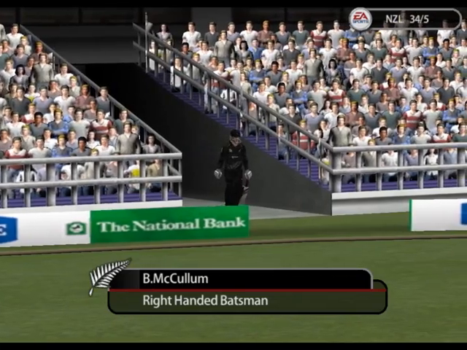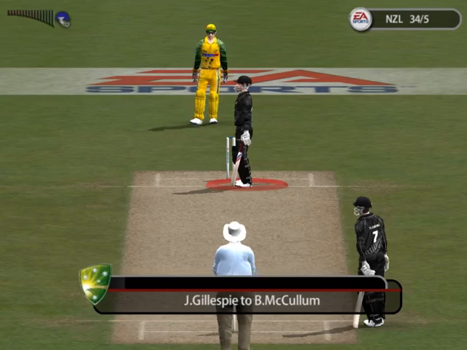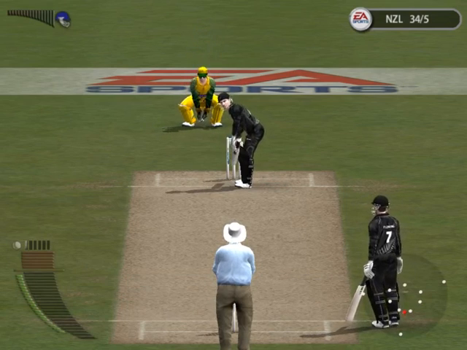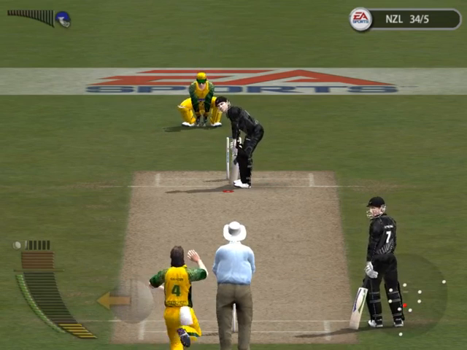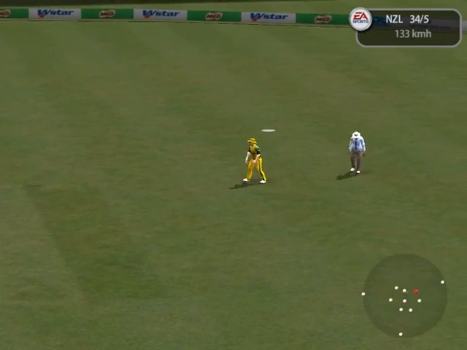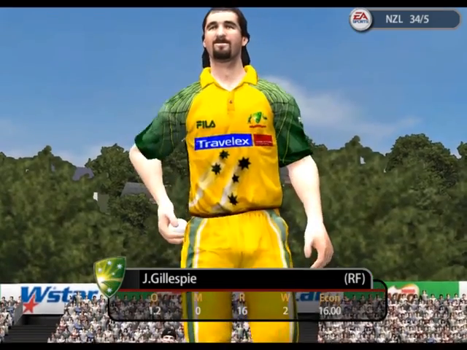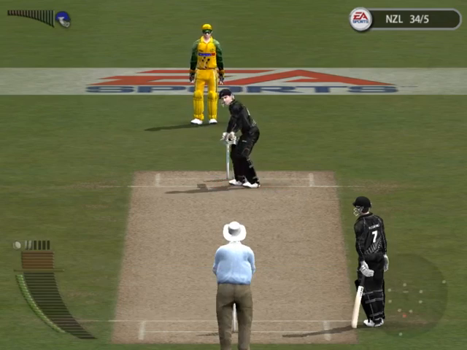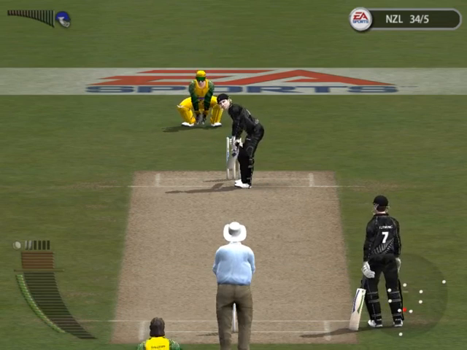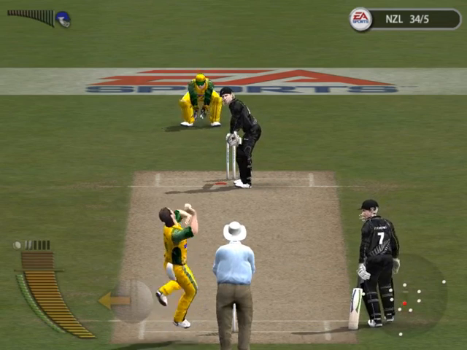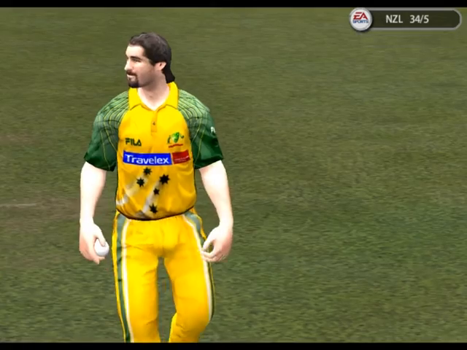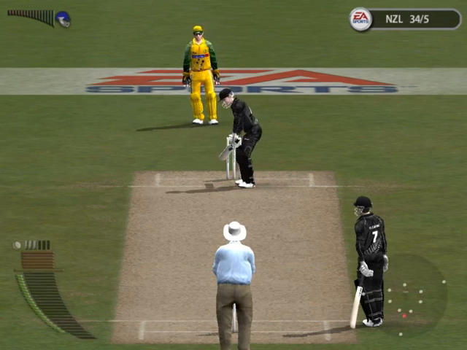The next batsman in is right-handed McCullum. Gillespie continues. Stopped by McGrath. 22 runs required. McCullum waiting at the striker's end. Gillespie to McCullum.